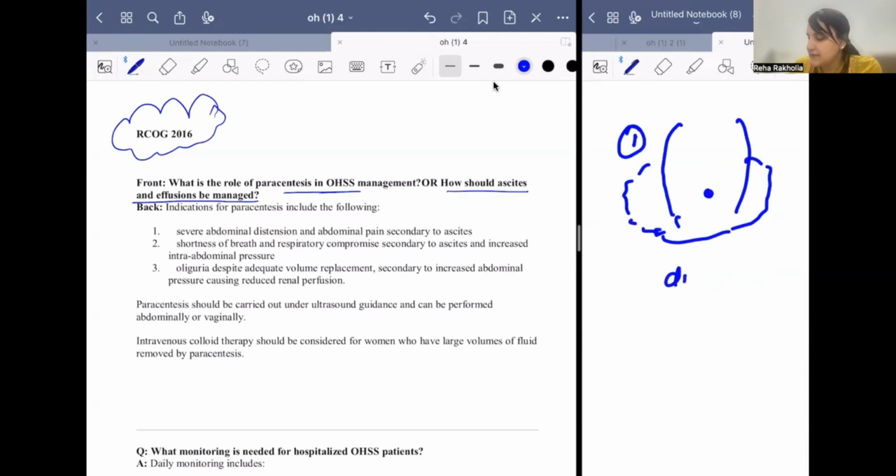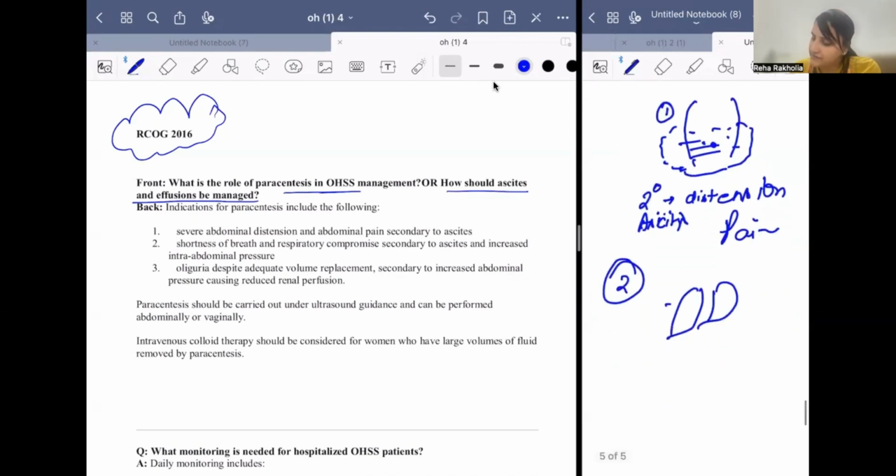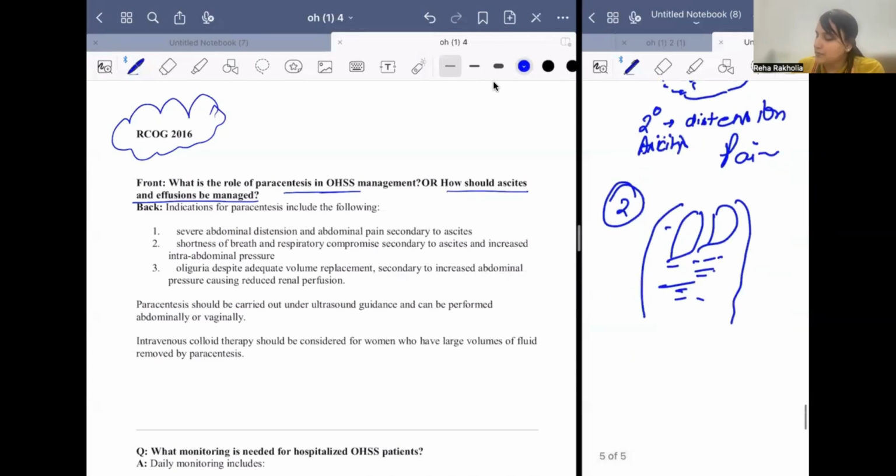Distension and pain secondary to ascites. Second is shortness of breath, respiratory compromise secondary to ascites. Because of ascites, the patient is unable to breathe and there is respiratory compromise and increased abdominal pressure.